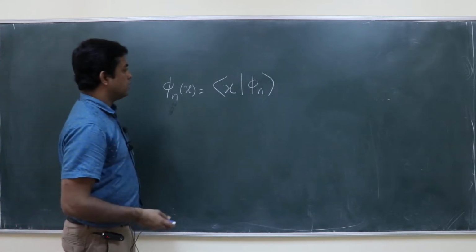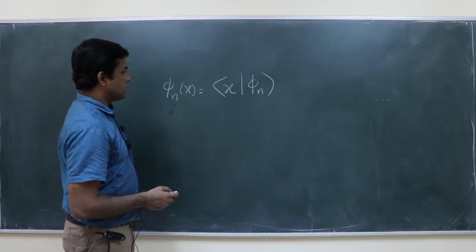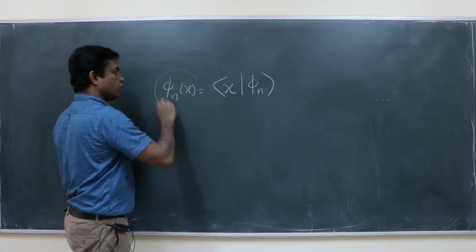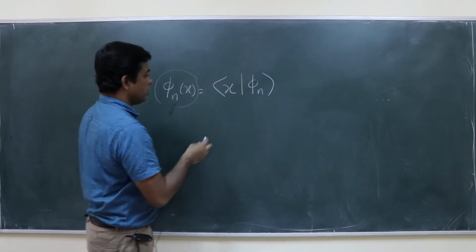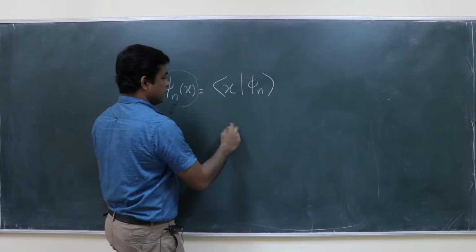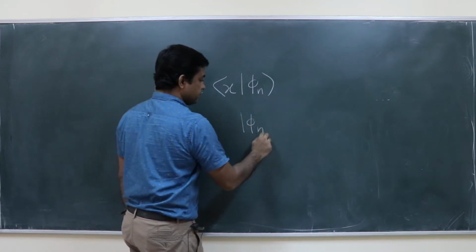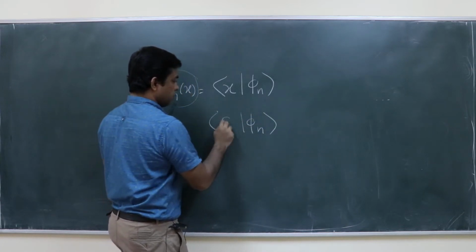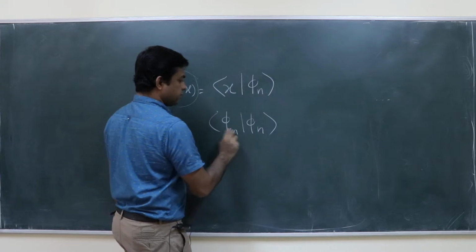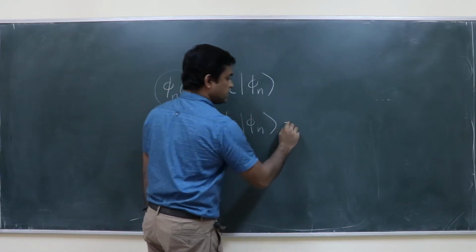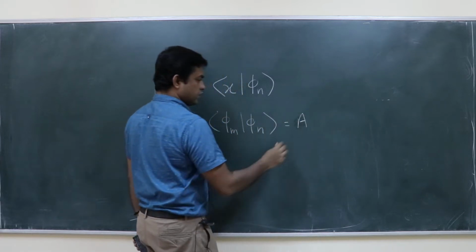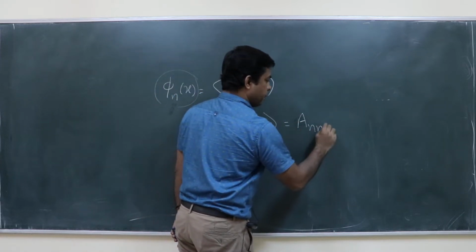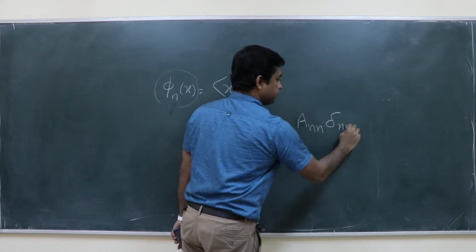Now we call these orthogonal polynomials. What do we mean by orthogonal polynomials? That means the inner product of bra phi n with ket phi m is equal to some normalization constant a n m delta n m.